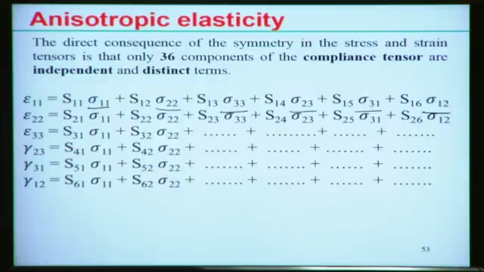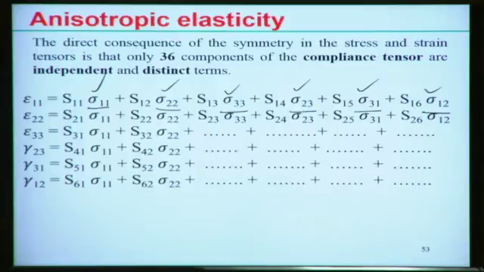So by following these, the first 3 components are normal stress components, and next are the shear stress components. So 3 normal stress and 3 shear stress, and accordingly we multiply our individual terms by the compliance, that is the S term.